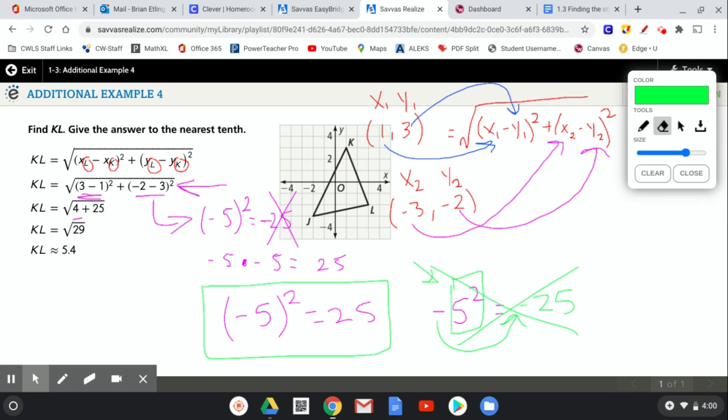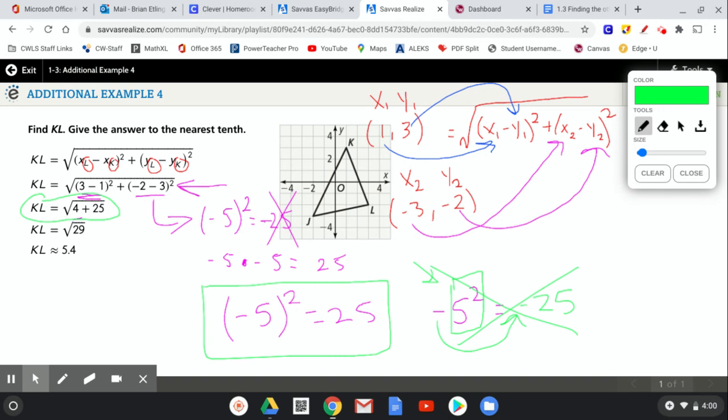All right, so from there, this 4 plus 25, we are on this step right here. All right, so doing that step, that's something where you can just plug that in your calculator. If you just do square root of 4 plus 25, it should give you the correct answer.